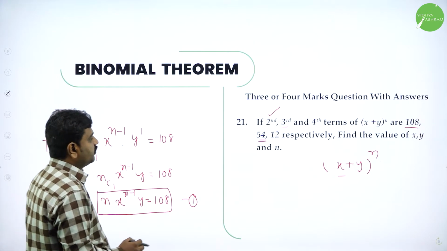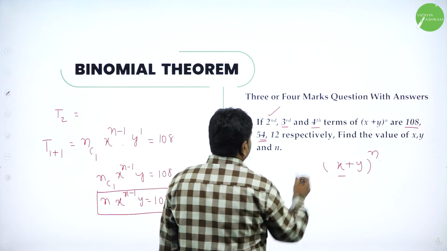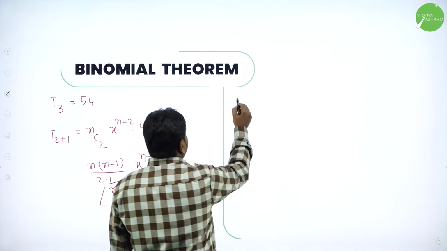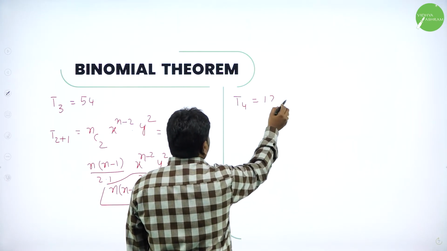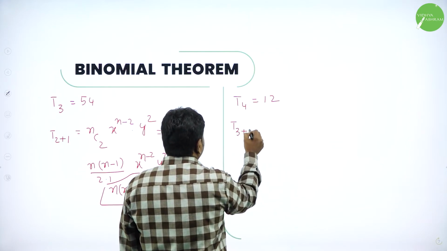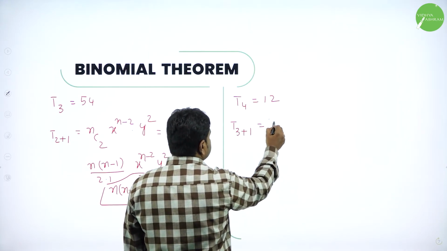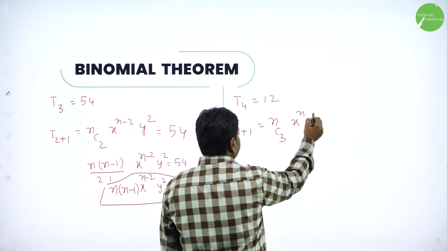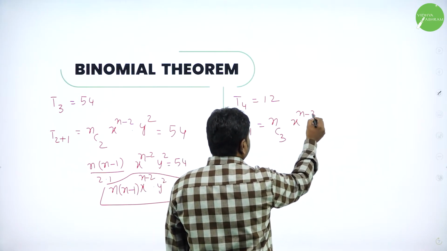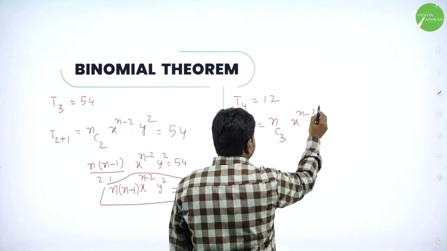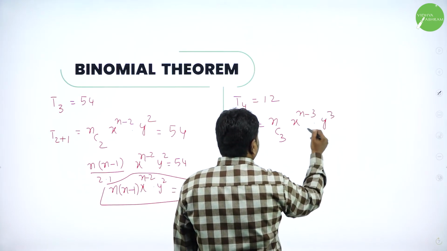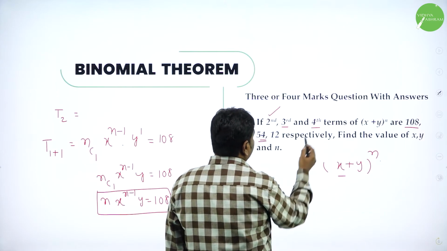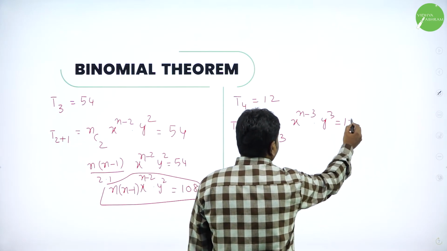Now we have the fourth term. Fourth term is 12, they told. So T4 they gave 12. T4 is what? T(3 plus 1) is 12. Means what? nCr, nC3, x power n minus r, x power n minus 3, and y, y power r. What is r? 3. Fourth term is 12, they told.